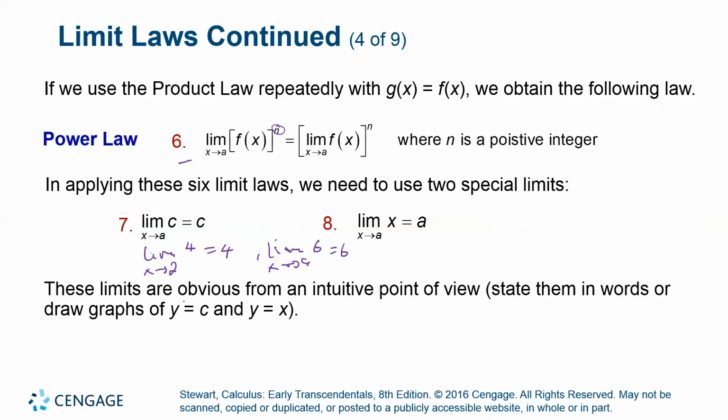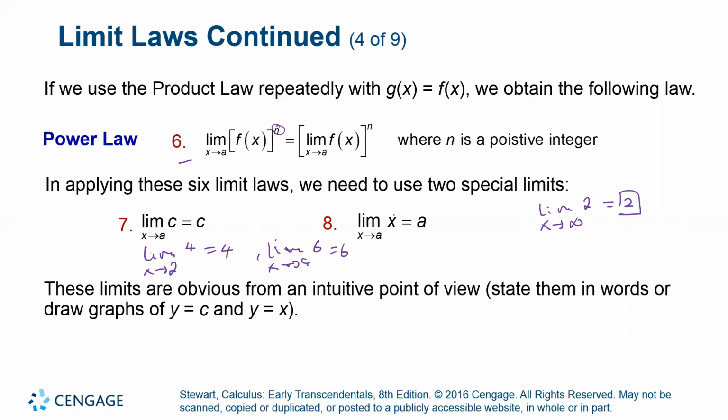So the limit of a constant is always that constant. I could also have x approaching any number, let's say even infinity, of a constant 2. This is also going to be 2. So the limit of a constant is a constant.